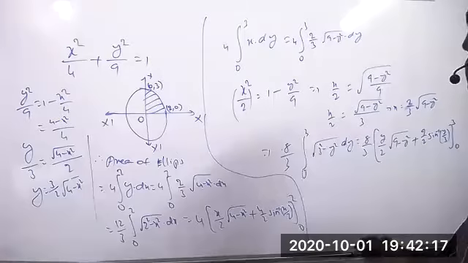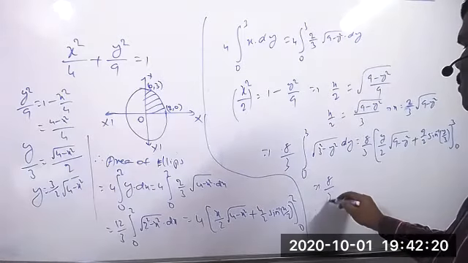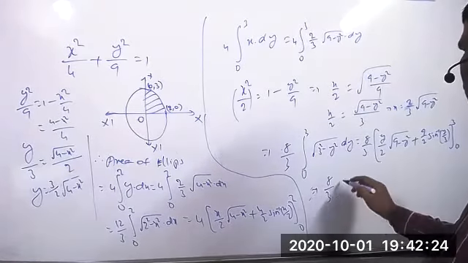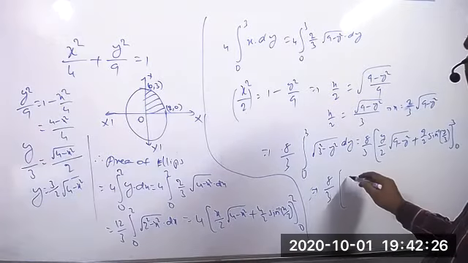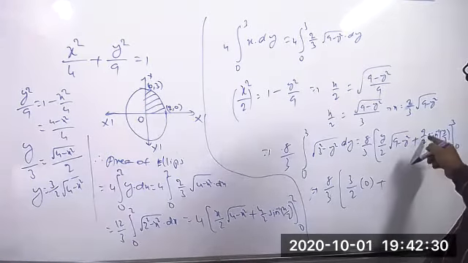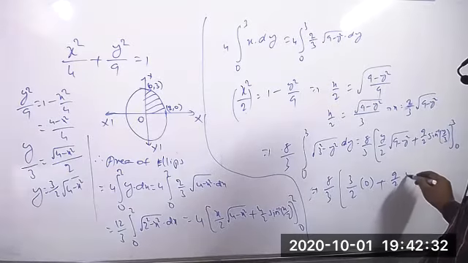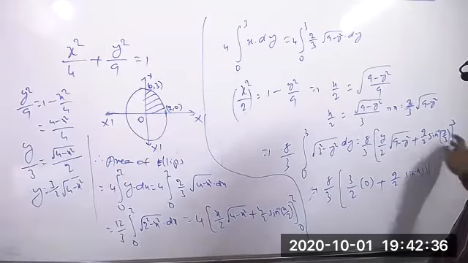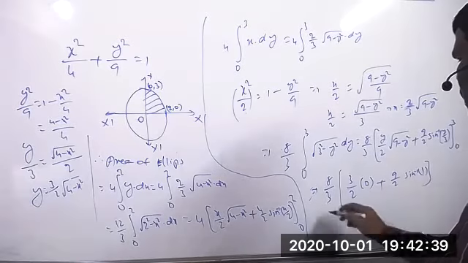Now 8 by 3 into 3 by 2 into 0 plus 9 by 2 into sine inverse of 1. Sine inverse of 1 equals pi by 2, and with 0 everything becomes 0 only.